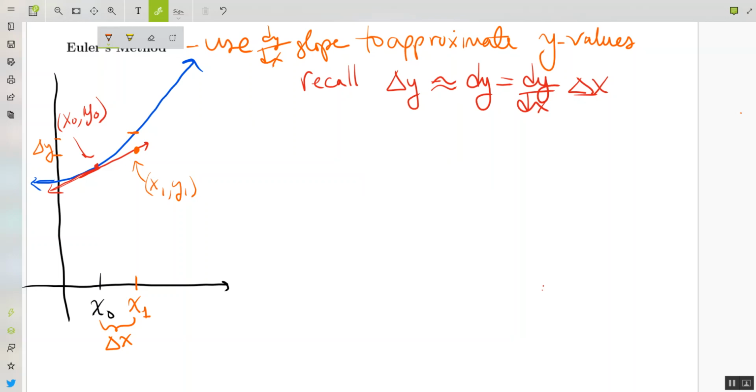So, I put my delta y in the wrong spot. We're going to use delta y as how far my y's are apart. Here, this is going to be y1 minus y0, and it's approximately the change in y over the change in x from the function times delta x. And then I'm just going to add y0 over.